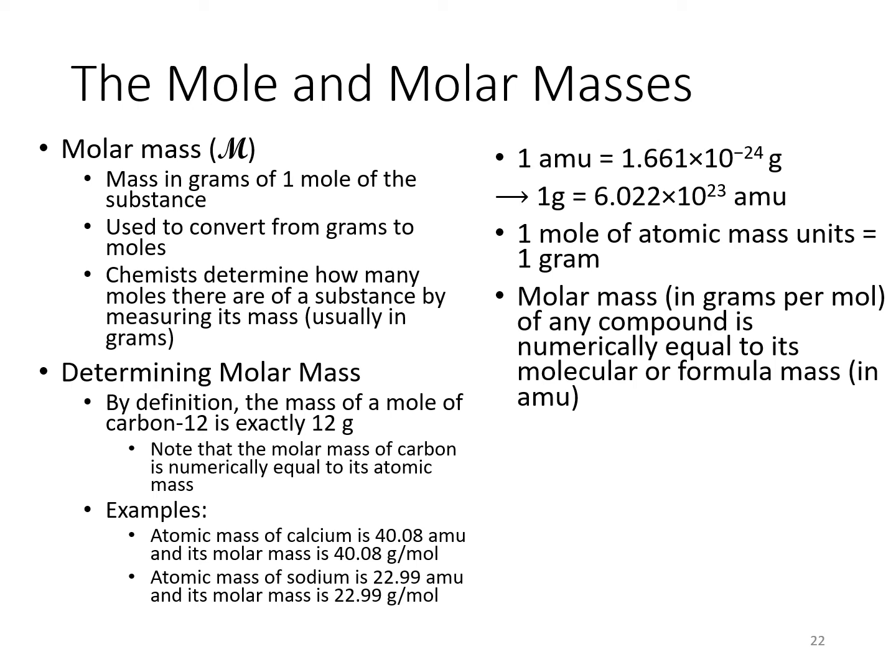Well, the formula mass is in AMUs. You can convert that to the molar mass by simply changing the unit to grams per mole. They're numerically equivalent. So we already have skills in this territory to be able to move forward. But now we have a new unit that can be given to us by taking a look at the periodic table. And that's grams per mole. It'll be very convenient for interconverting between grams and moles of a particular compound.